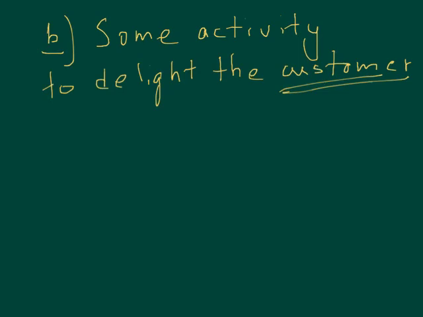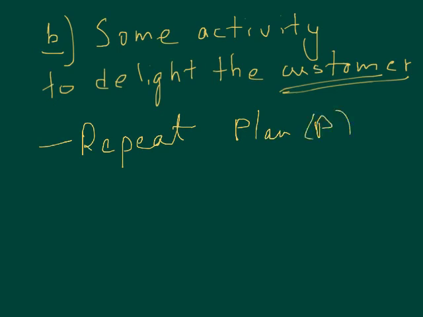So what happens next is you repeat the plan stage, which is P, with information that you gathered from this experiment.